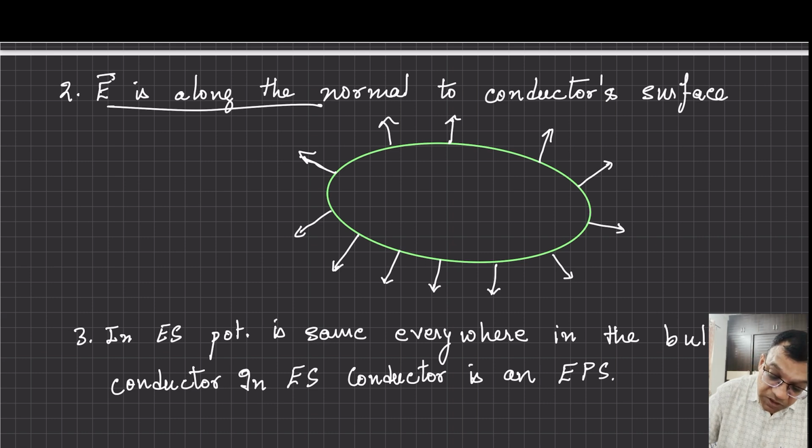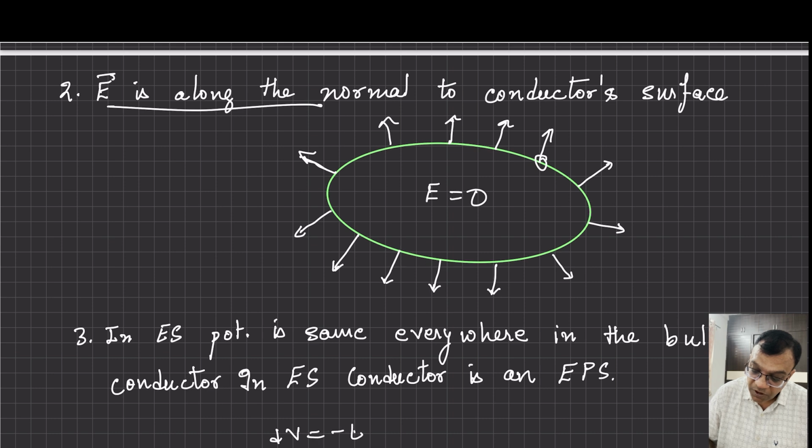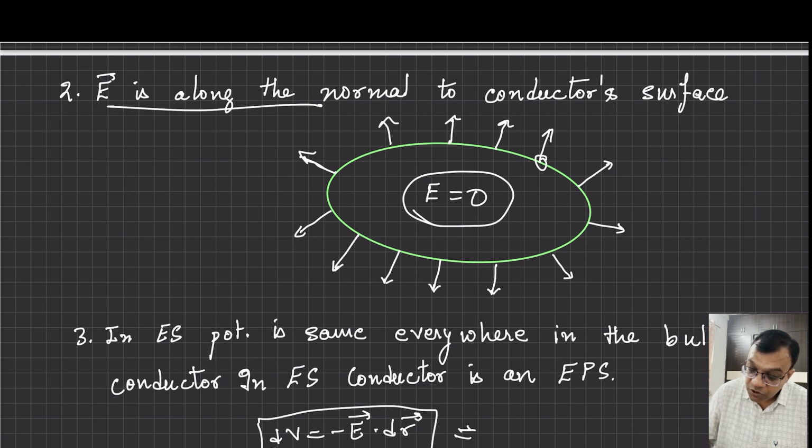Now here we have seen the electric field inside is 0 and at the surface it is along the normal. If I write dV equal to minus E dot dr, the field is 0 inside the conductor, so dV equal to 0, so V is equal to constant.